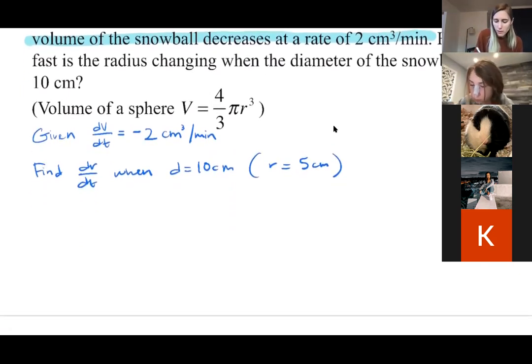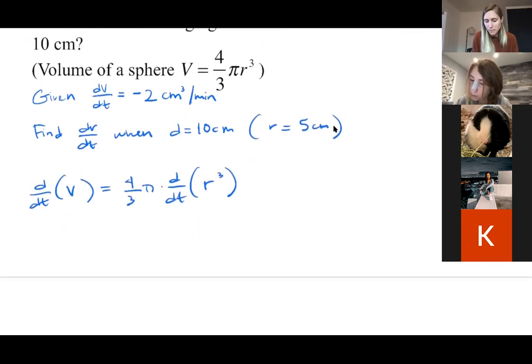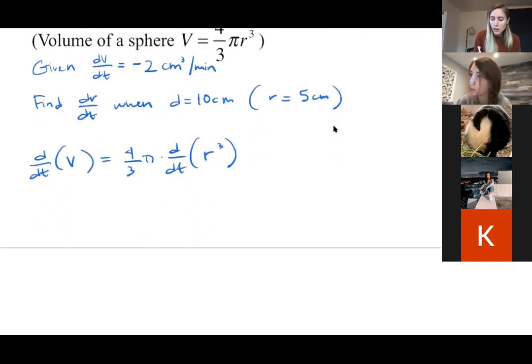Okay, so let's differentiate with respect to t. I'm going to pull the 4/3 pi out front since that's a constant. Well, the left-hand side is just going to be dV over dt.